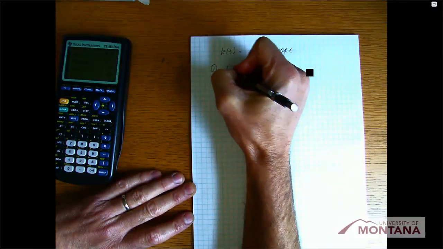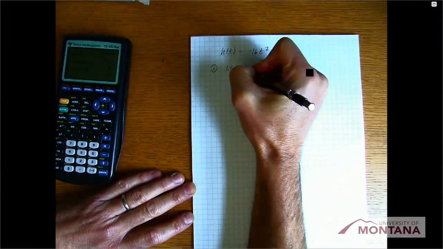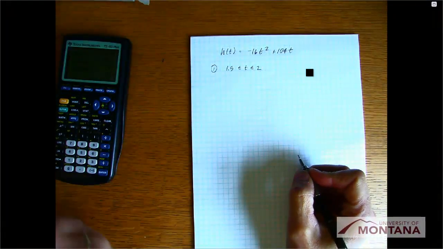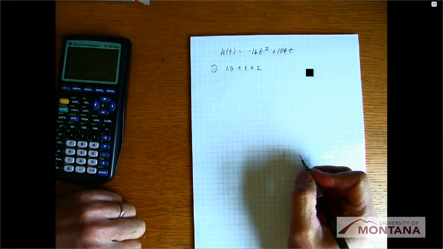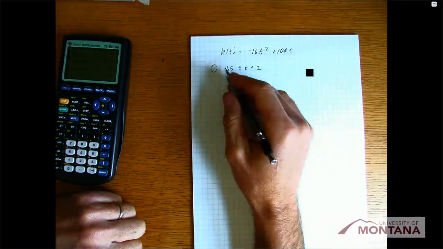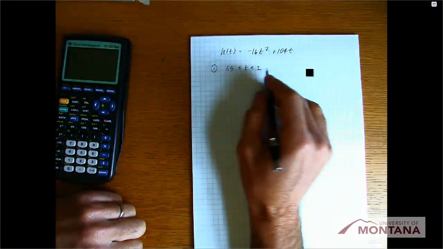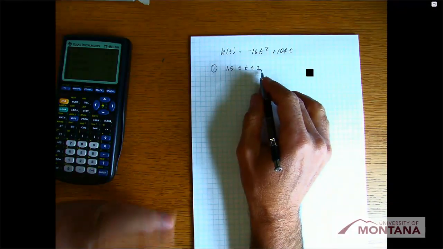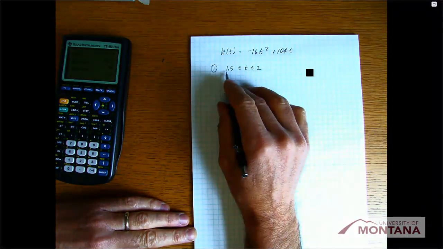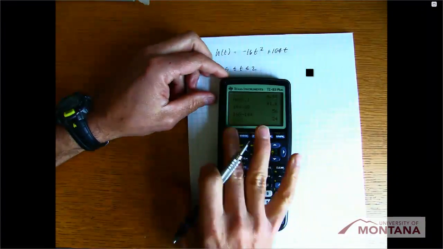So from 1.5 seconds to 2 seconds. That would give us a narrower average velocity interval than the previous example. And since we've got the function, we can easily find what the height is at 1.5 and what the height is at 2. Well, we know what the height is at 2. It's 144 feet.